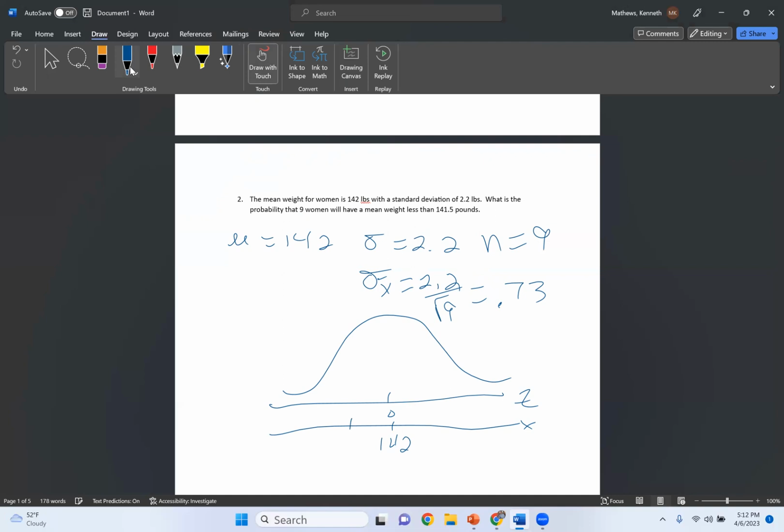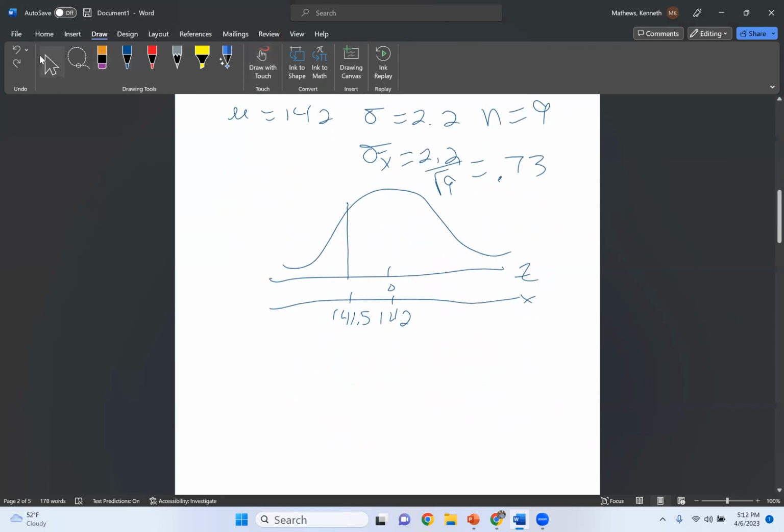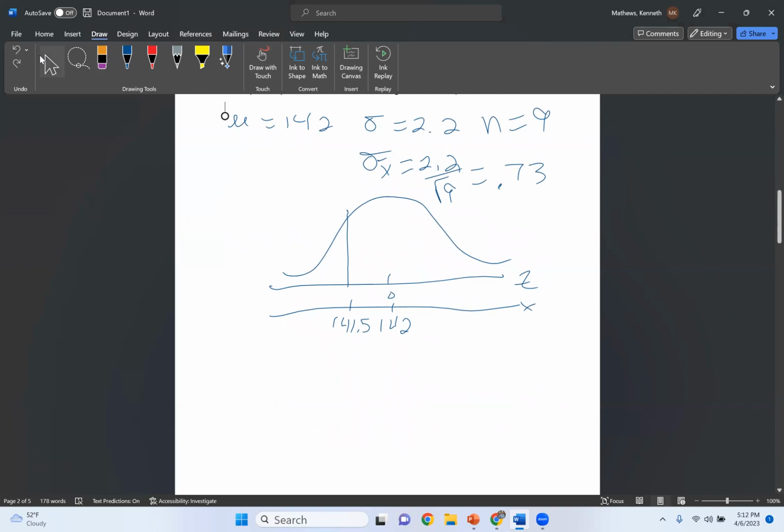So let's put it right here, 141.5. Here's our partition. And we need a Z-score for 141.5. And then we'll look it up on the table, and that will give us our area to the left. So we're looking for the area to the left of the partition.